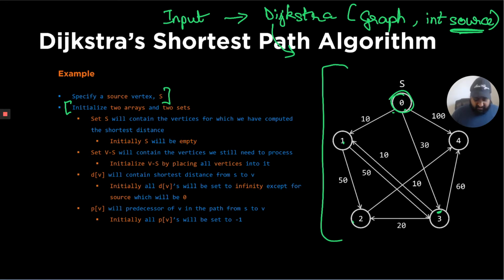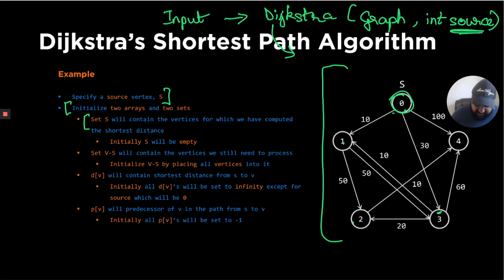The first set is called set S, that will contain all the vertices for which we have already computed the shortest path. It's similar to the vertices that we have marked or already visited. Initially, this set is going to be empty.